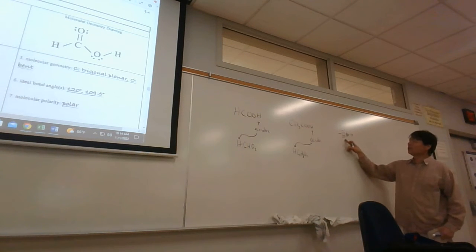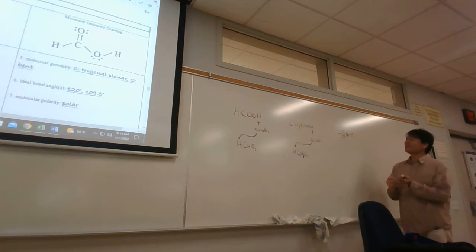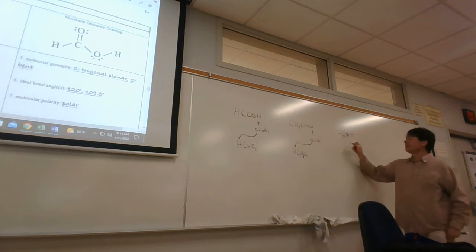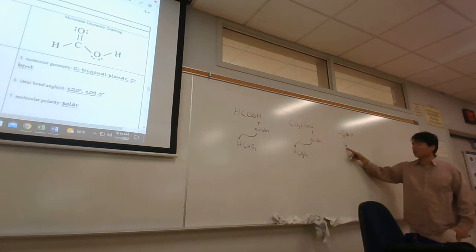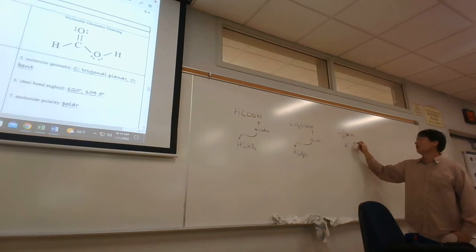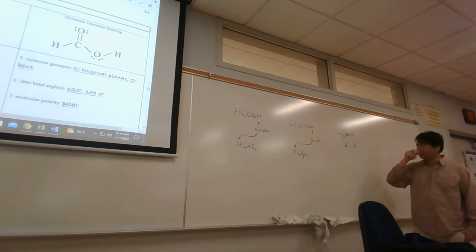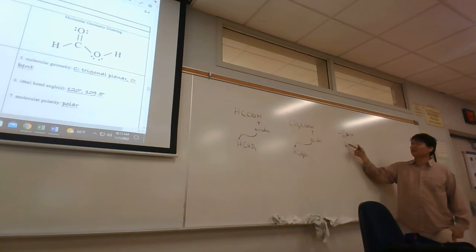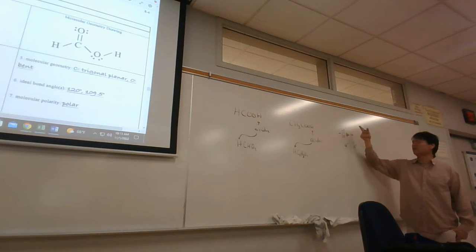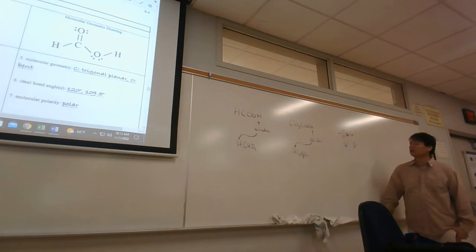There's going to be a negative pole and a positive pole. There are two ways to represent a dipole. One way of representing the dipole is by using this, delta. The delta symbol means just a small negative charge on the oxygen, and over here we'll have a small positive charge on the hydrogen. It's not a full negative charge. If this is a full negative charge, then we just write the -1 or just negative. And if this were a full positive charge, we just write plus there on the hydrogen.